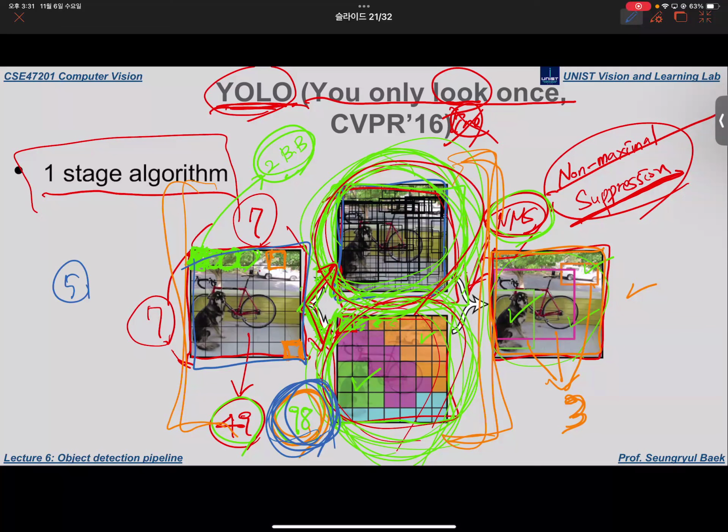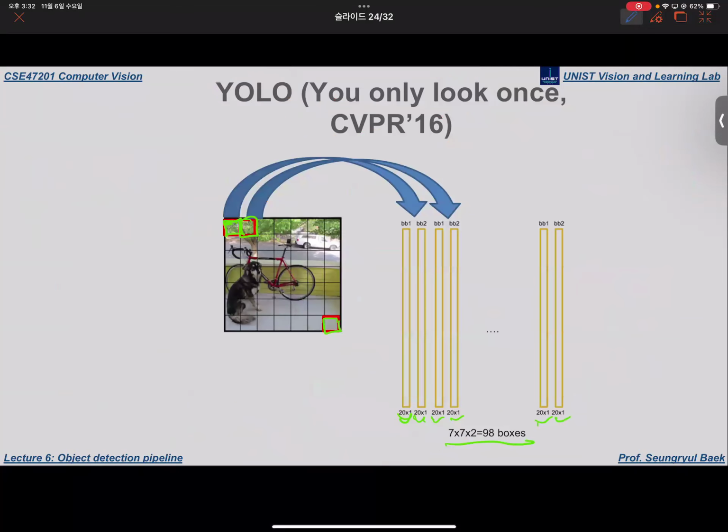But if there are more than 100 objects, then these bounding boxes are already insufficient. Okay, do you guys agree with this? So in later versions of YOLO, they try to increase the number of bounding boxes, and also they have some more techniques to improve the accuracy of YOLO. Okay.